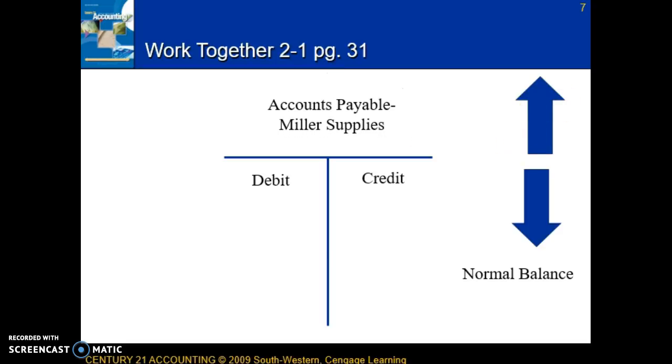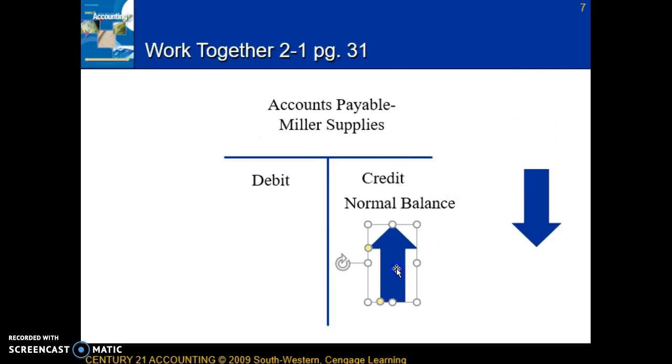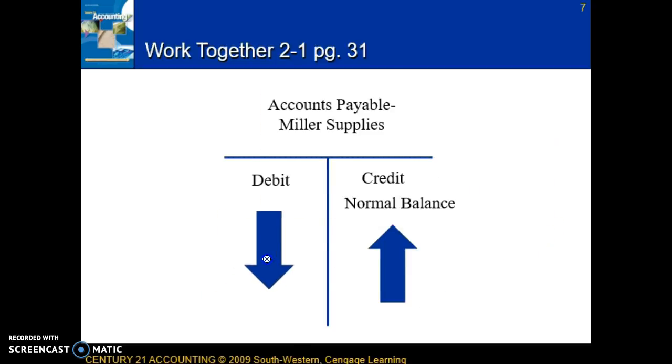Liabilities are increased with a credit, so our normal balance is a credit. Then we draw an up arrow, or you can write the word increase if you would like to. And they're decreased by a debit. It's the same thing for the other accounts payable, and also the same thing for Jeff Dixon, Capital. So our assets are all increased with a debit. Our liabilities and our capital account are increased with a credit, and that will be their normal balance side.